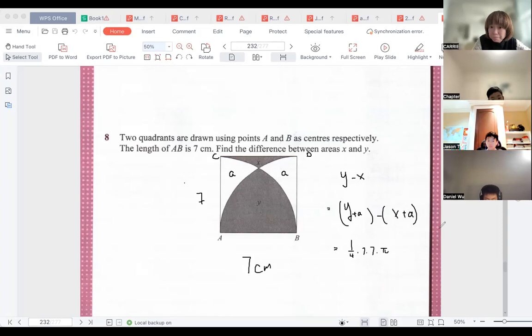Correct? X plus A actually equals 49 minus 1/4 times 7 times 7 times pi. Did you get it? Because this part is exactly the square minus this part. Am I right?